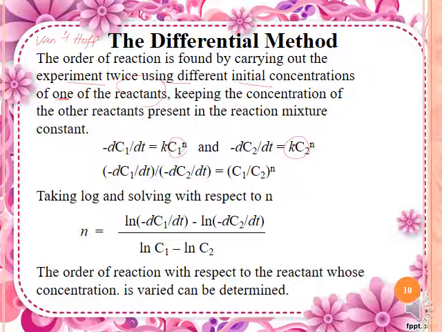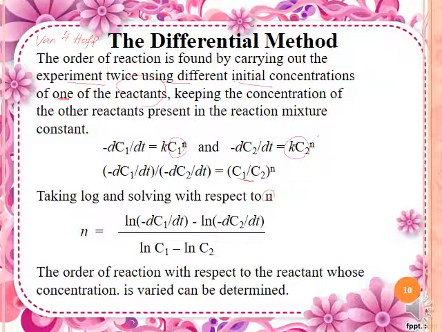So we log and solve these two with respect to the order n, because dc1 over dt equals kc1^n and negative dc2 over dt equals kc2^n.